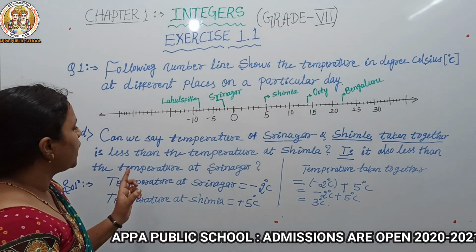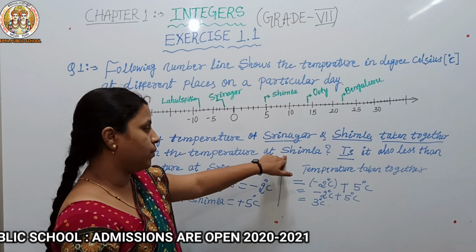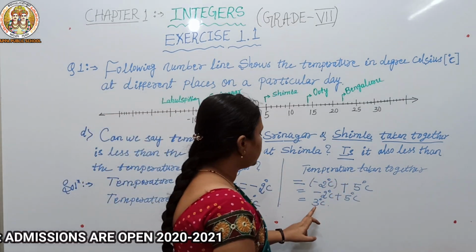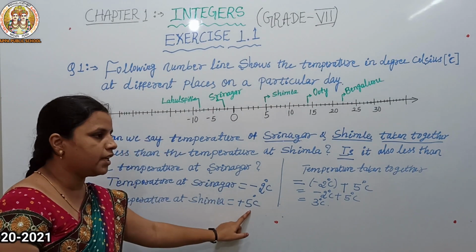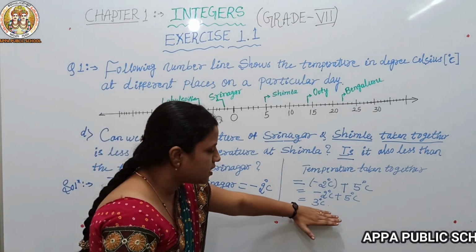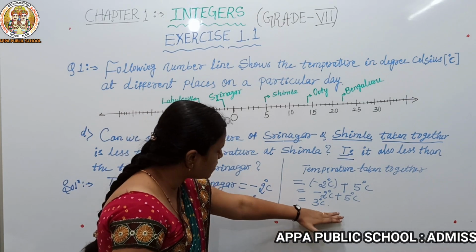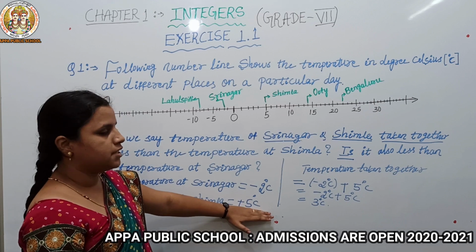Next we have to compare this temperature with the temperature at Shimla. See, the temperature taken together is 3 degrees Celsius and the temperature at Shimla is 5 degrees Celsius. Which is more and which is less? 3 degrees Celsius is less as compared to 5 degrees Celsius.